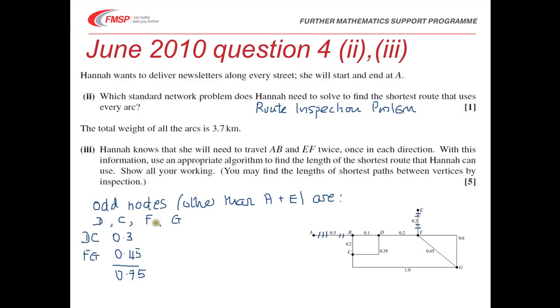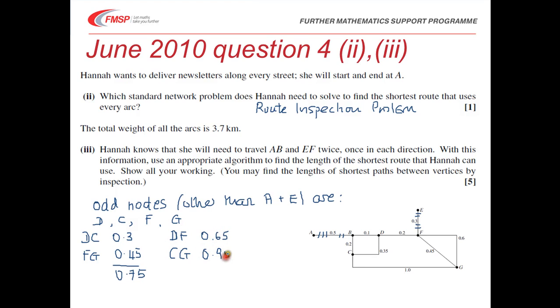We could then pair off D and F, and then we would be left with C and G. Now DF will have length 0.65, that would be the shortest. Just be careful when you find the length from C to G, you need to find the shortest one.